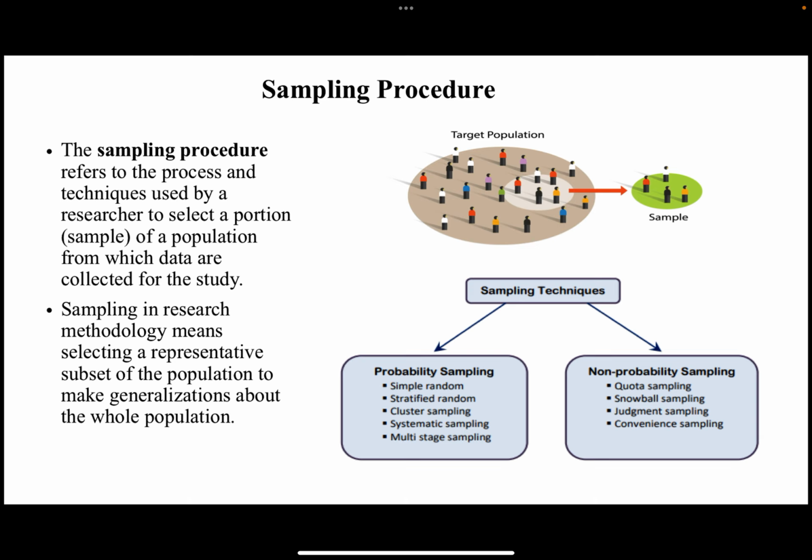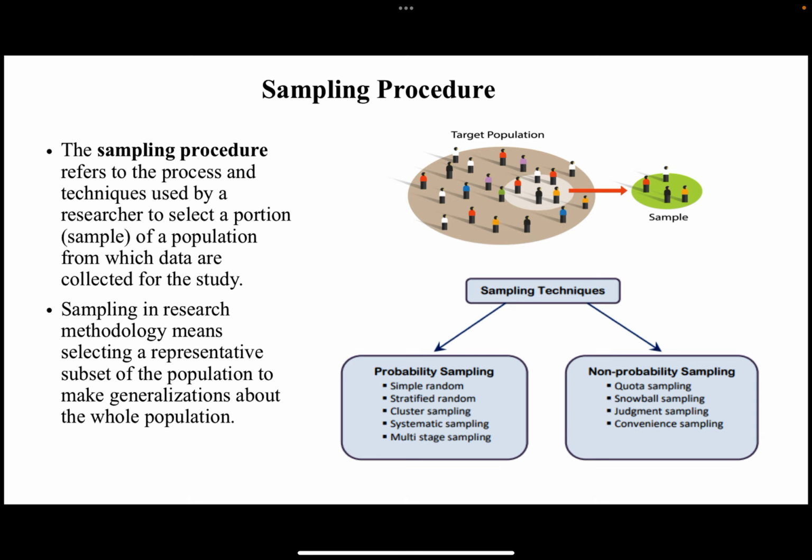Now, why do you have to do sampling in research? Sampling is going to help you, one, to save time. Sampling would also help to reduce cost, because imagine that for the example I gave, you want to study the health habits of 10,000 adults in a city. Imagine you have to collect data from all the 10,000 people.